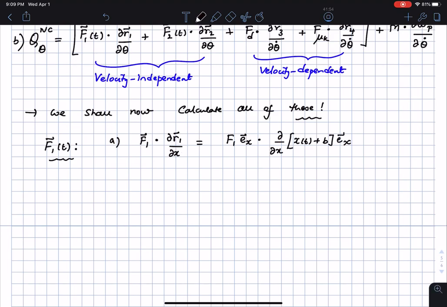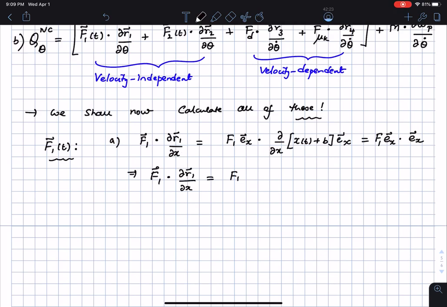You will see that b is a constant, so this is just d by dx of x of t, which is 1. So this essentially gives me F1 ex dotted with ex, which implies that F1 dotted with dr1 by dx is equal to F1. Okay, so that's the first piece of good news for us.